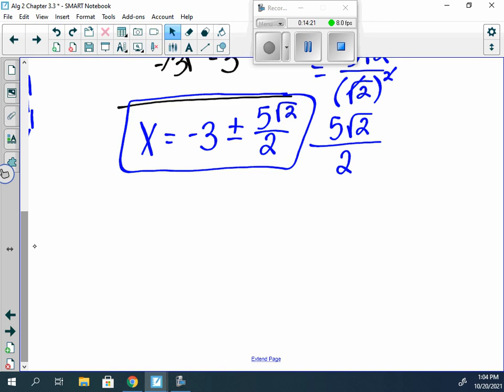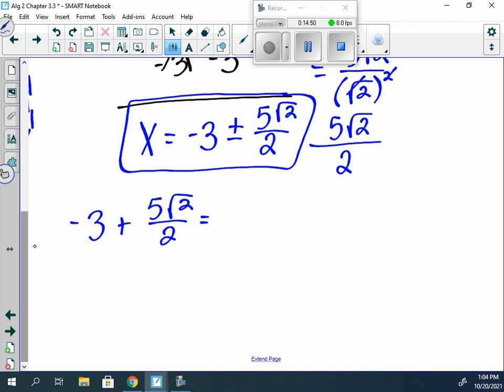Now, as Caleb was asking, how can we see it and kind of match it up with the back if it doesn't give us it in this form? I can just take the calculator and say, as it is coming in two forms, negative 3 plus 5 square root of 2 over 2. And we can add them together. Negative 3 plus 5 square root of 2 over 2.